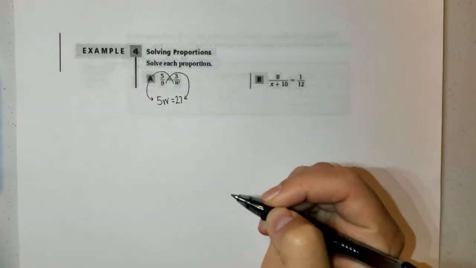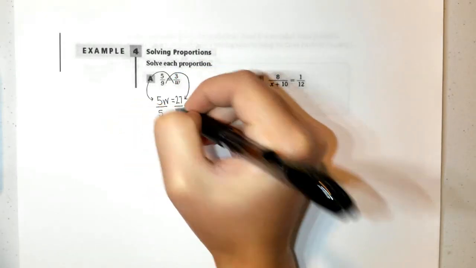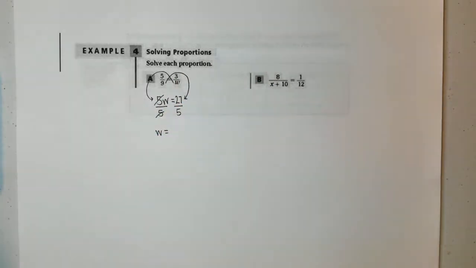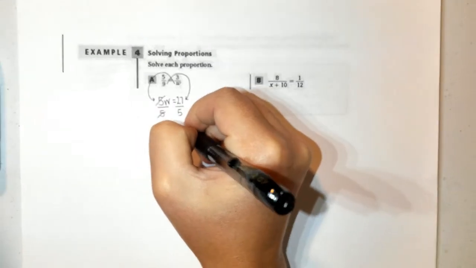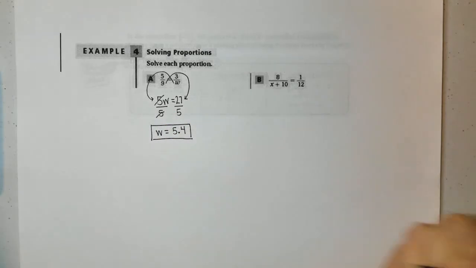Then we're going to solve for W. So we'll divide both sides by 5. 5 divided by 5 is 1. So we're left with W. And then on the right-hand side, 27 divided by 5 gives us 5.4. So W equals 5.4.